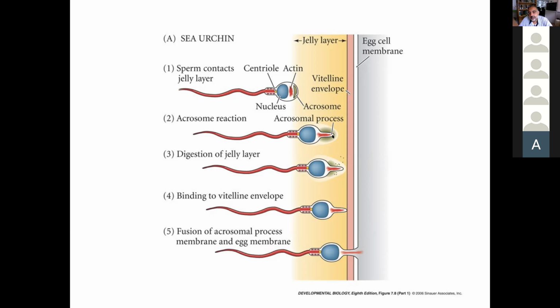And as the enzymes from the acrosome dissolve the jelly layer, the rest of the sperm is powered through the jelly layer with this acrosomal process until it touches the egg cell membrane. Once it touches the egg cell membrane, the membranes fuse, and this causes the release of the paternal pronucleus into the egg. So this is a sea urchin.